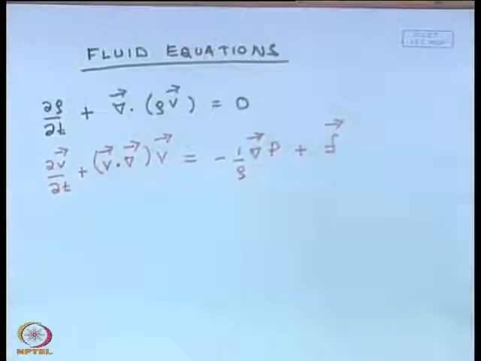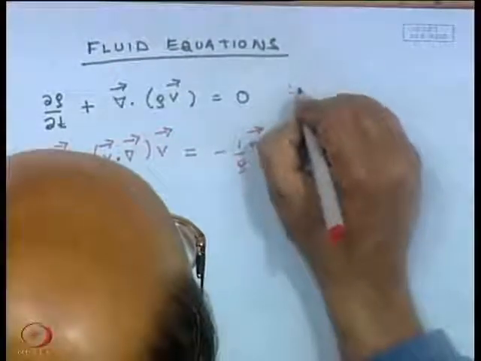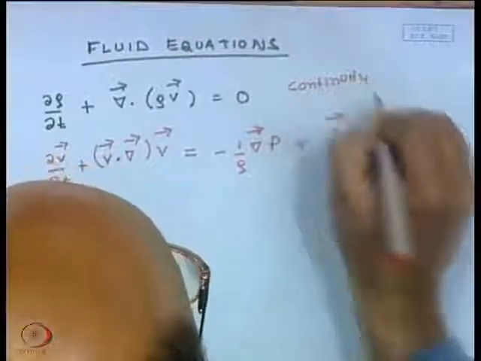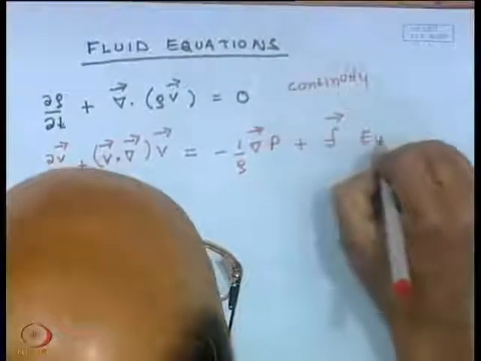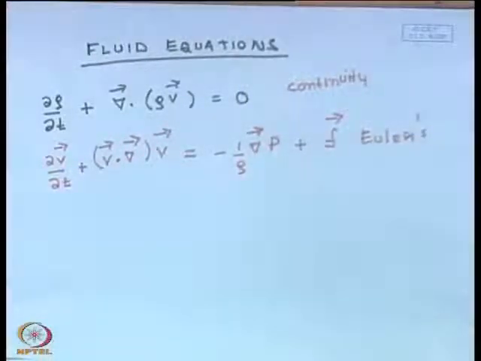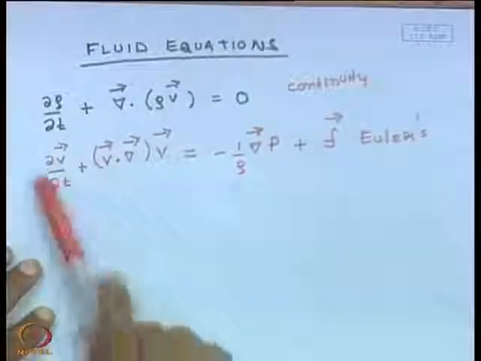Okay. So, that is my final equation, and this is called the continuity equation, and this is called Euler's equation. Okay, Euler's equation, Euler equation. This is Euler equation.